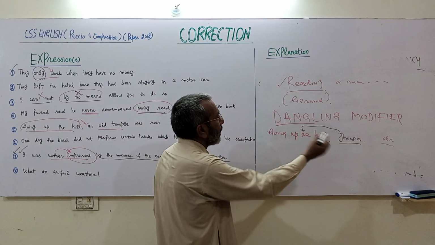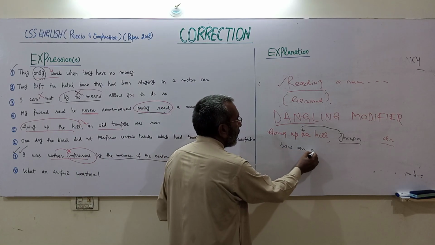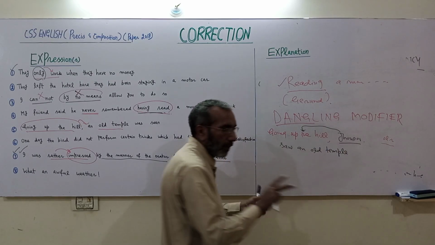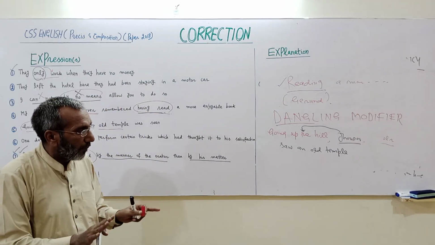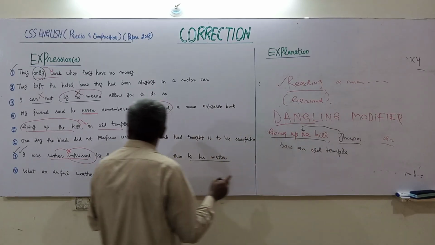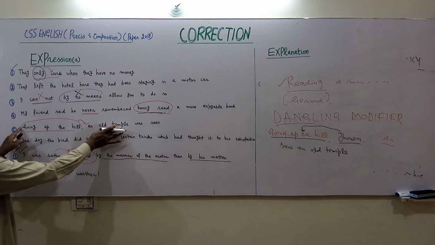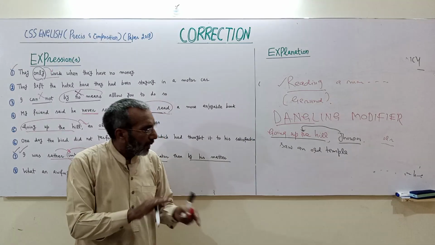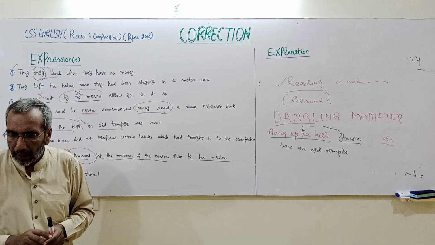Going up the hill, Johnson saw an Old Temple. Now you have to change it a bit just to maintain that sequence. In this expression, the relation is fine. In the earlier expression, it was dangling because the Old Temple was going up the hill. Now, Johnson is going up the hill, and then, sense-wise, you can add some words. He or she saw an Old Temple. Clear?